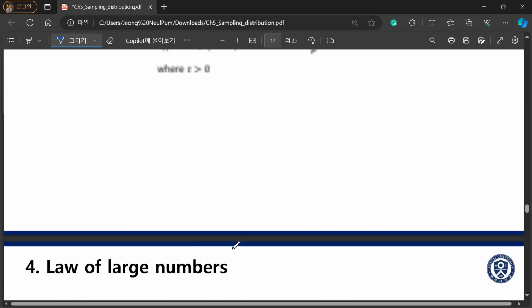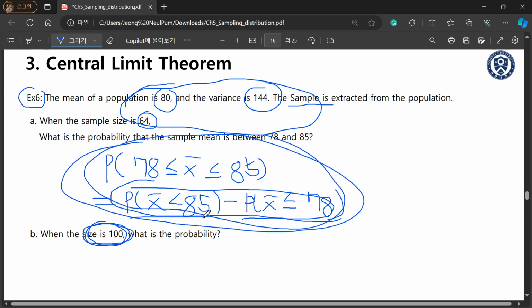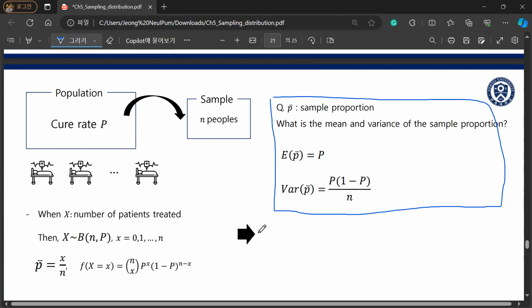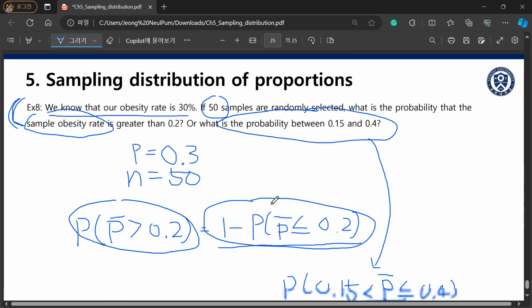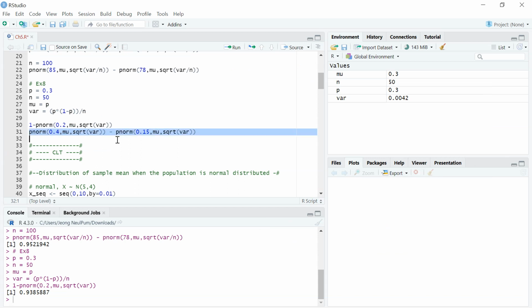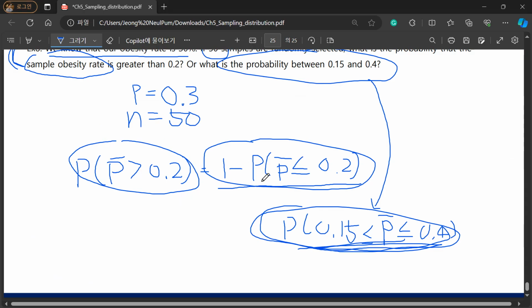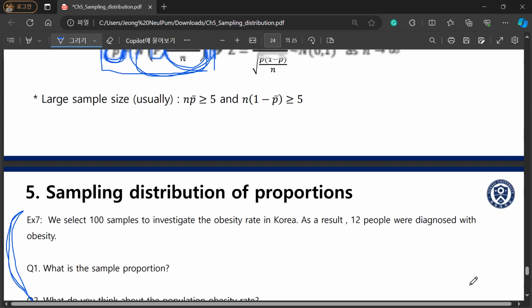You already know how we can solve this problem, so the methodology can also be applied to this problem. This is the answer for solving the problem, and you get about 0.92. This is what I have done in this practice.